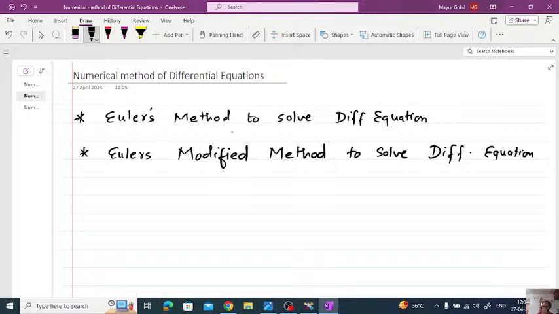The next method that we will be seeing is one very important and a very easy method which is called the Runge-Kutta method of fourth order.